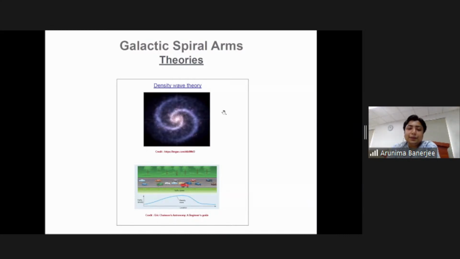I just wanted to give you a feel of the density wave theory to understand what it is. So let us take up this example of traffic congestion on a high road. That would help us understand what this spiral arm is as far as the density wave theory is concerned, which explains the loosely wound grand design spiral arms.